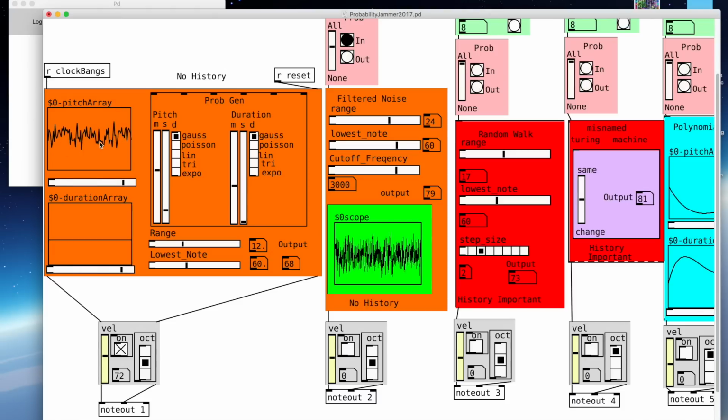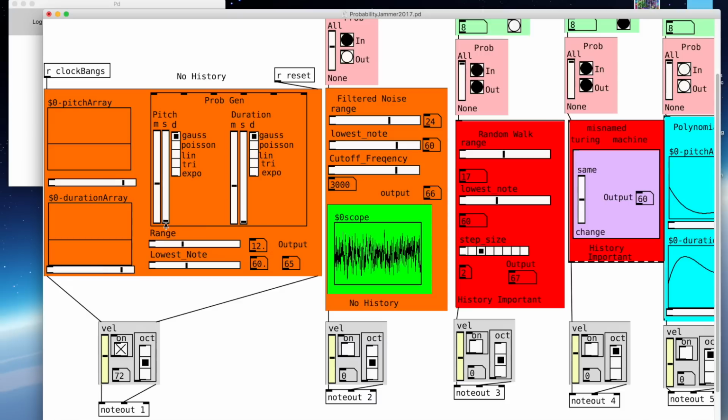We're now playing somewhere in the middle. So we can control exactly what we're going to get within rough boundaries.